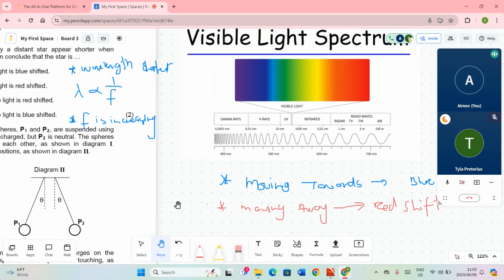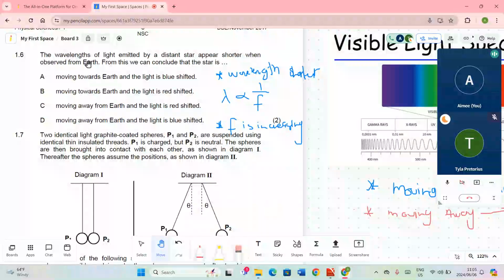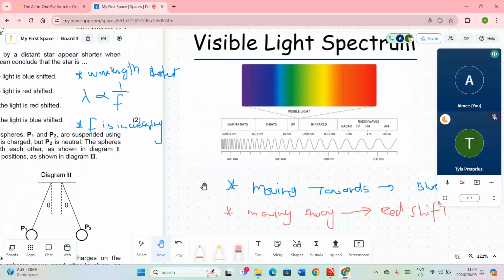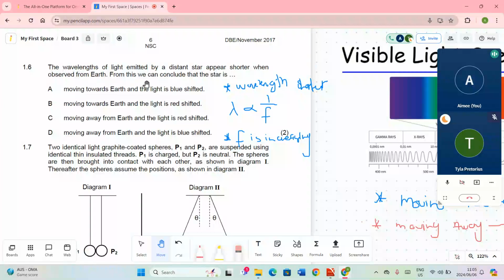So let's have a look. It's saying that the wavelength of light emitted by a distant star appears to be shorter when observed from Earth. So we know shorter wavelength means increasing frequency, and increasing frequency and shorter wavelength means moving towards or blue shift. So now we say, from this we can conclude that the star is A, moving towards the Earth and the light is blue shifted.